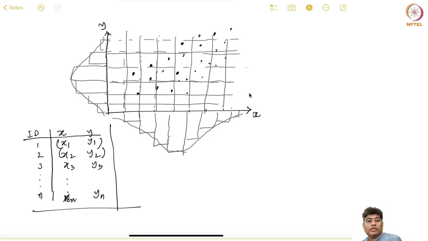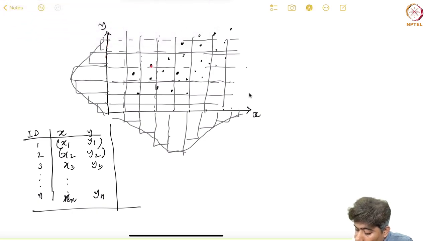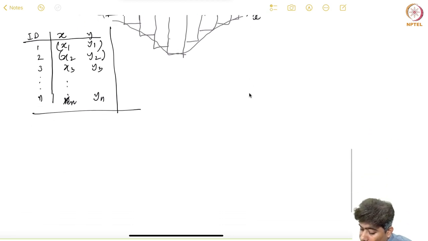So I am creating a bunch of boxes, and in each of these boxes we count how many points there are. How will it look?